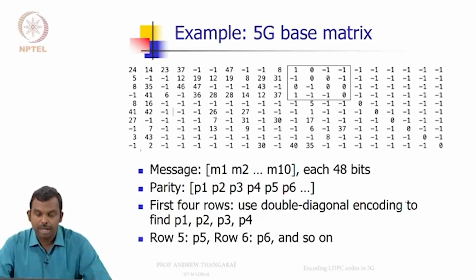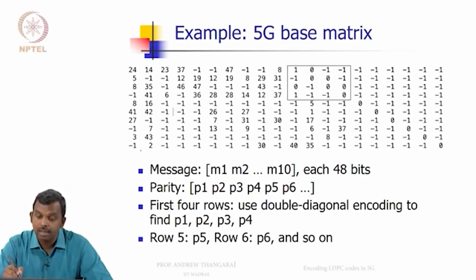I'm showing you only a part. You have 10 message blocks, each 48 bits. The parity blocks go as P1, P2, P3, P4, P5, P6, etc. For the first 4 rows, you can recognize the double diagonal structure here. These zeros are all I's, minus 1s are all zeros, and then 1 is I1, I1, and then you have I itself here. When you add it all up, you will get P1.